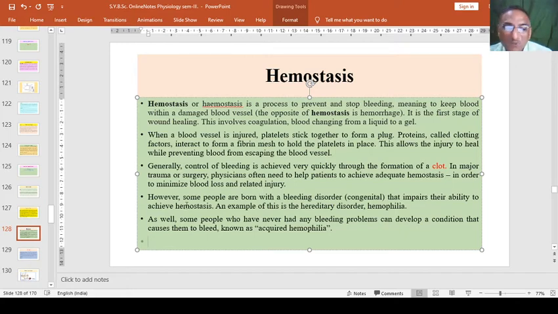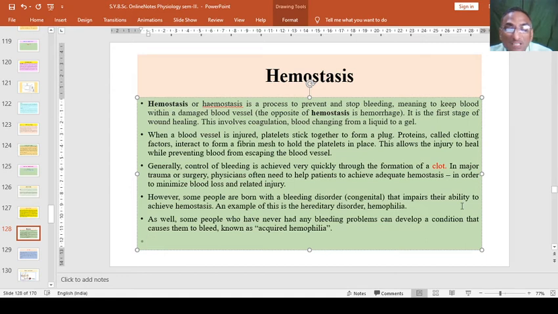However, some people are born with a bleeding disorder. This is a genetic disease. Some people have a congenital bleeding disorder that impairs their ability to achieve hemostasis.